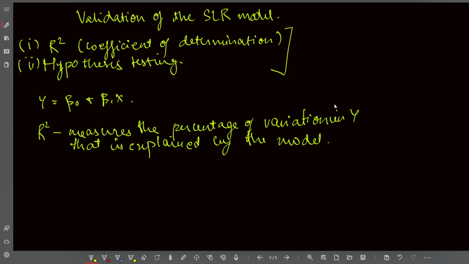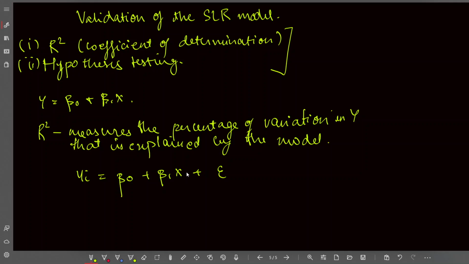Just read this sentence once again: it measures the percentage of variation in y that is explained by the model. Sorry, bad handwriting. Read this, because you'll need to understand exactly what this statement means to understand what I'm going to do next. The variation in yi can be explained as beta naught plus beta 1 x plus some error, ei.